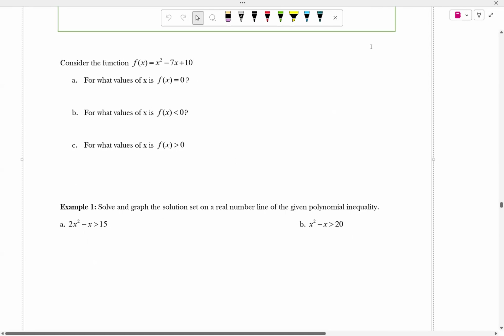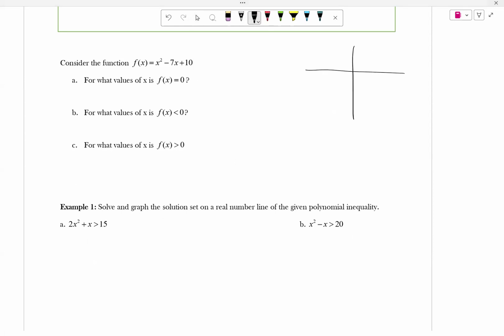Consider this function, f of x equals x squared minus 7x plus 10. Is this difficult to graph? I'll give you a moment to graph this on the side. I will be calling someone to help me graph this.